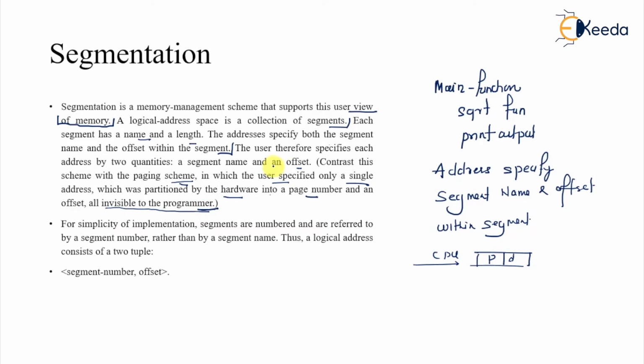For simplicity of implementation, segments are referred to by segment number rather than by segment name, and logical addresses consist of a two-tuple: the segment number and the offset within the segment. I think you understand this point. One important point here is that the paging scheme is entirely implemented by the hardware and is totally invisible to the user.